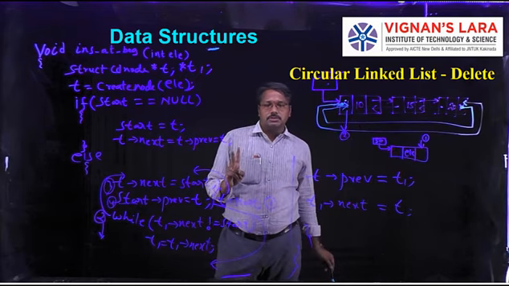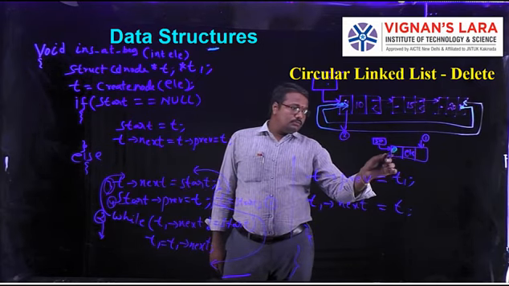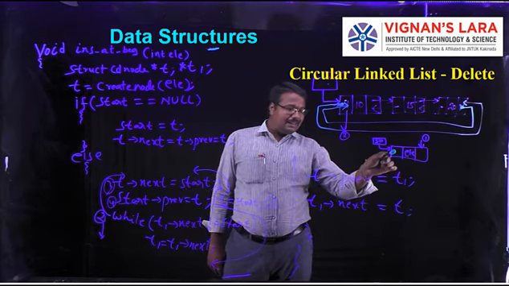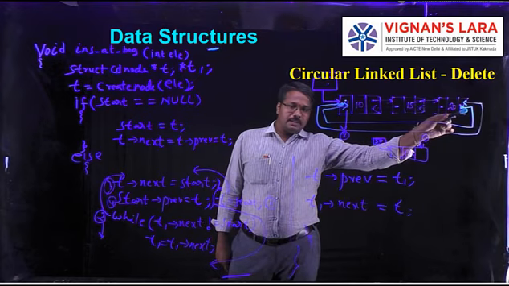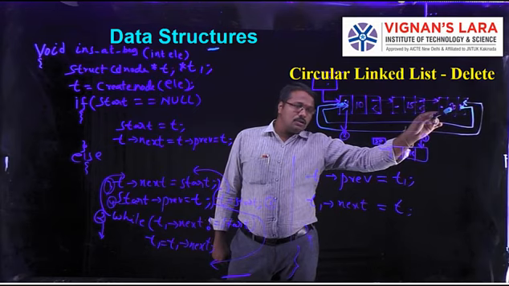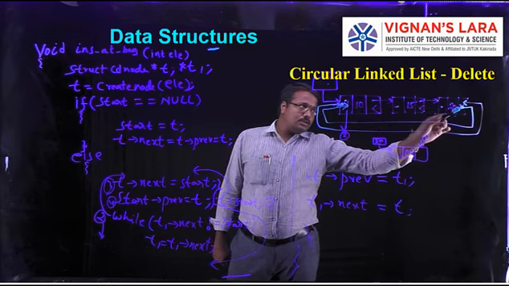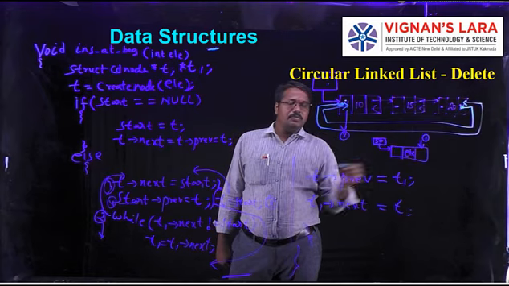The third operation is the first node's previous field having the last node address. And the fourth operation is the last node's next field having the starting node address.